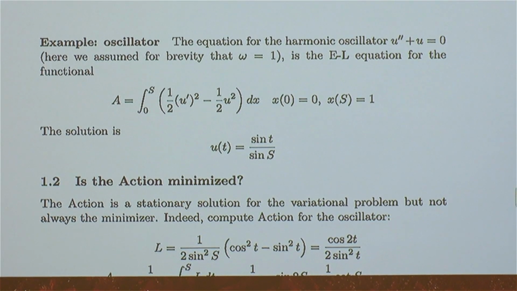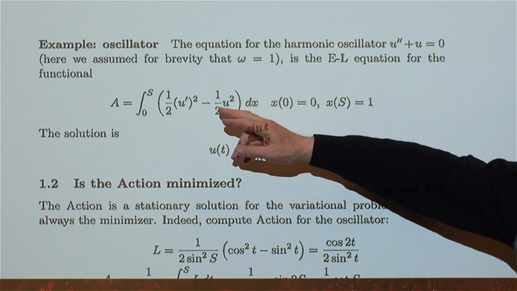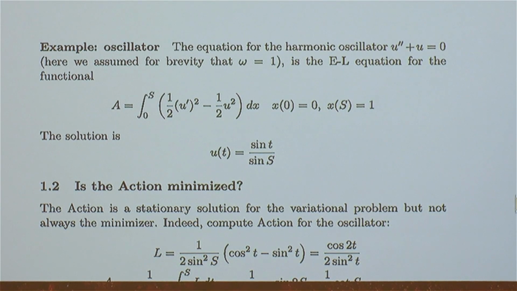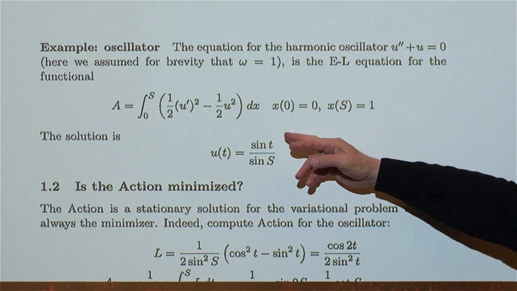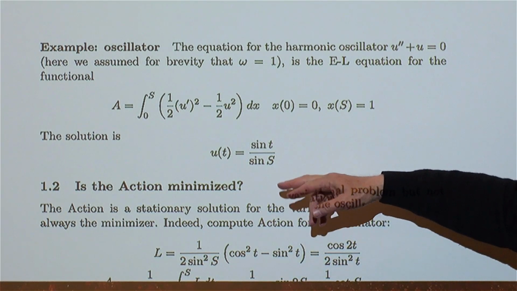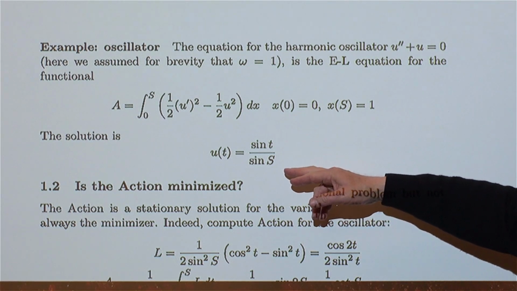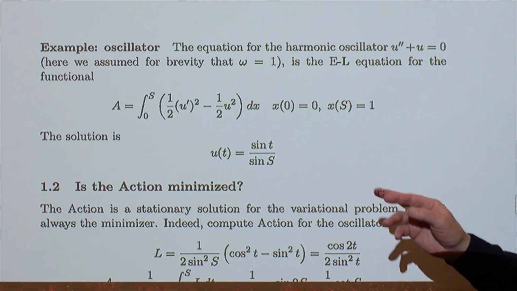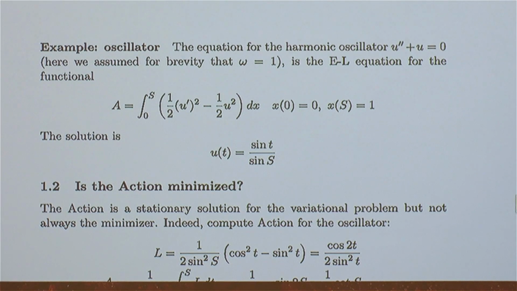So if we apply the Euler-Lagrange equation to this functional, we obtain the solution. The solution is written here, and as we know, it satisfies both the Euler-Lagrange equation and the initial and final conditions, the initial and final points.